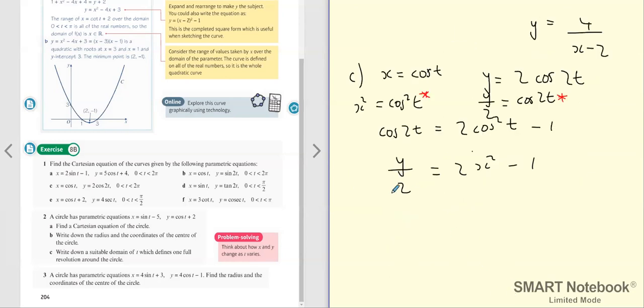And finally, all I need to do to make y the subject is multiply all of the right-hand side by 2. And I might simplify that to 4x squared minus 2. Does that make sense? Are you happy with that? Okay, perfect.